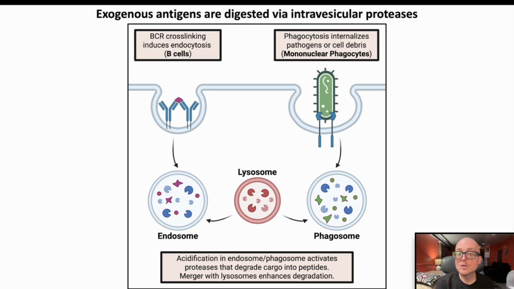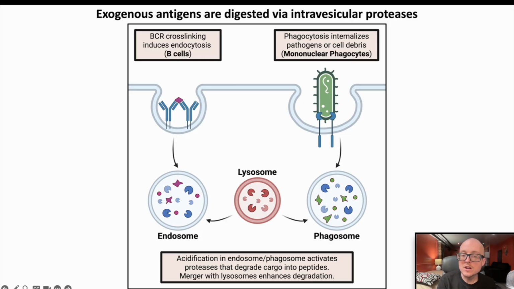And so, using a variety of phagocytic receptors like Fc receptors or lectins, when they bind to pathogens or pathogenic material, they pull in that material into a phagosome structure, which is analogous to the endosome. It just originates in a different way. And similar to the endosome, it also is going to progressively acidify and activate proteases, which are going to degrade the pathogen or whatever pathogenic proteins were pulled in.